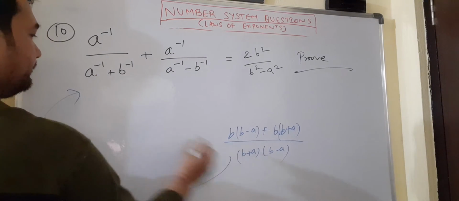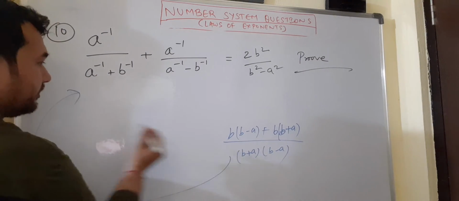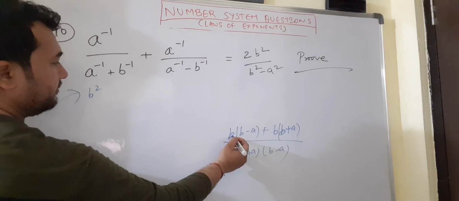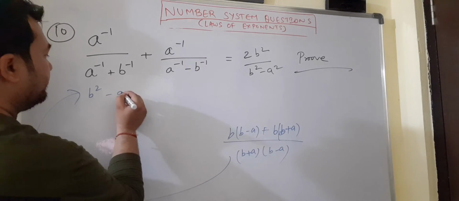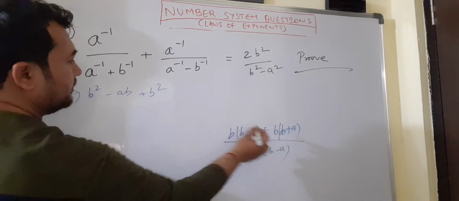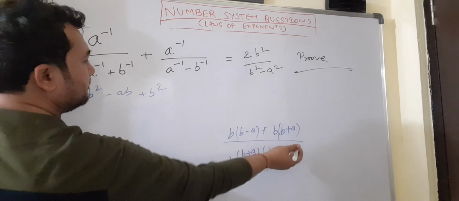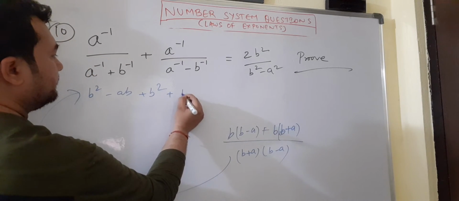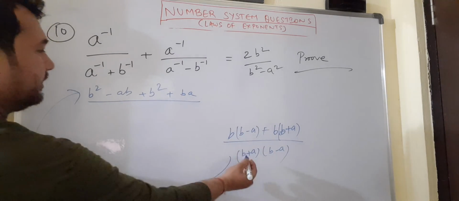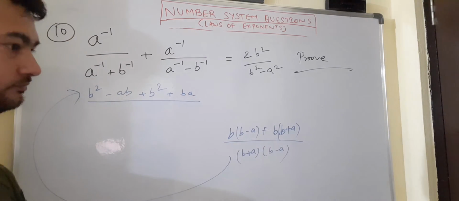Moving on from here to this place, solve it. This is B square and minus AB plus B square and plus BA, divided by (A plus B) into (A minus B). What is it?